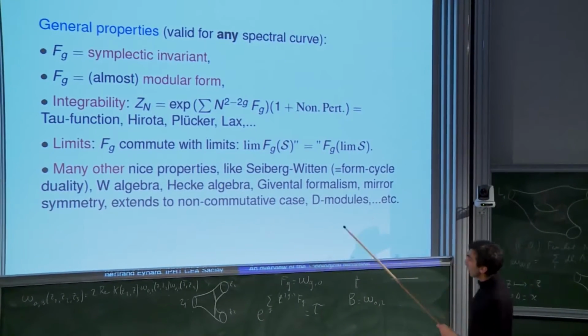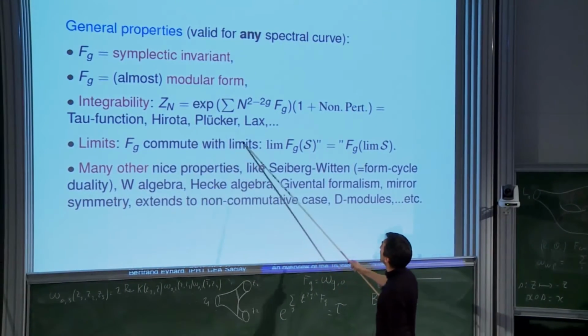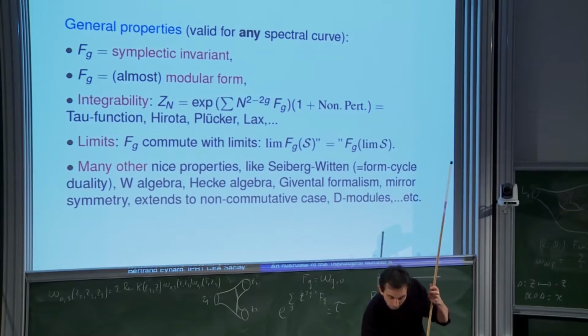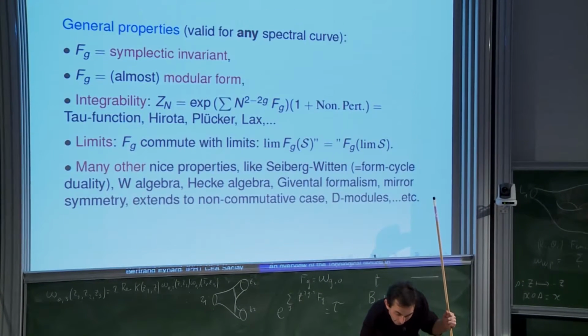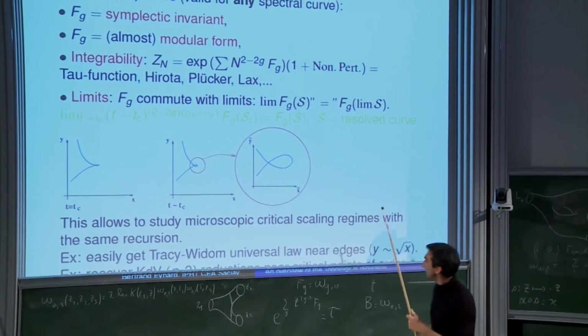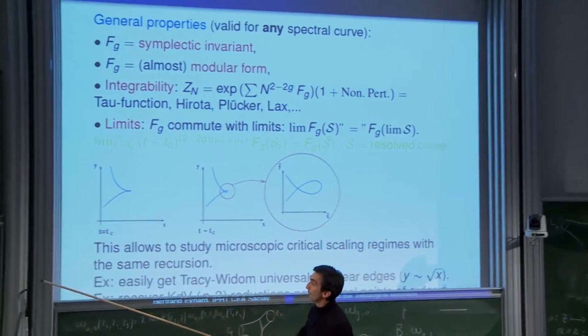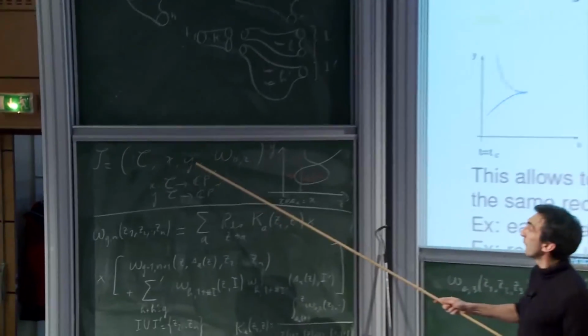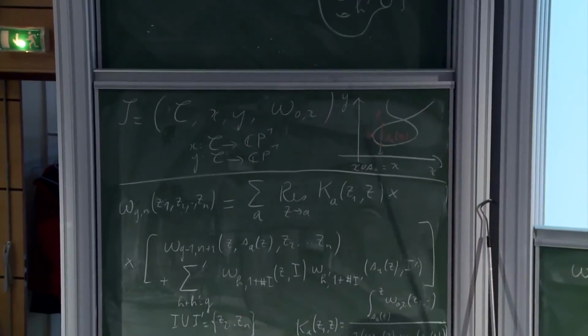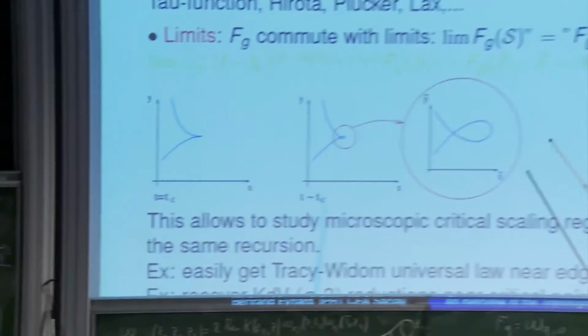A very important property, which I would like to say a little bit more about, is taking limits. Imagine that you have a family of spectral curves, which depends on some time. The time could be really something arbitrary.